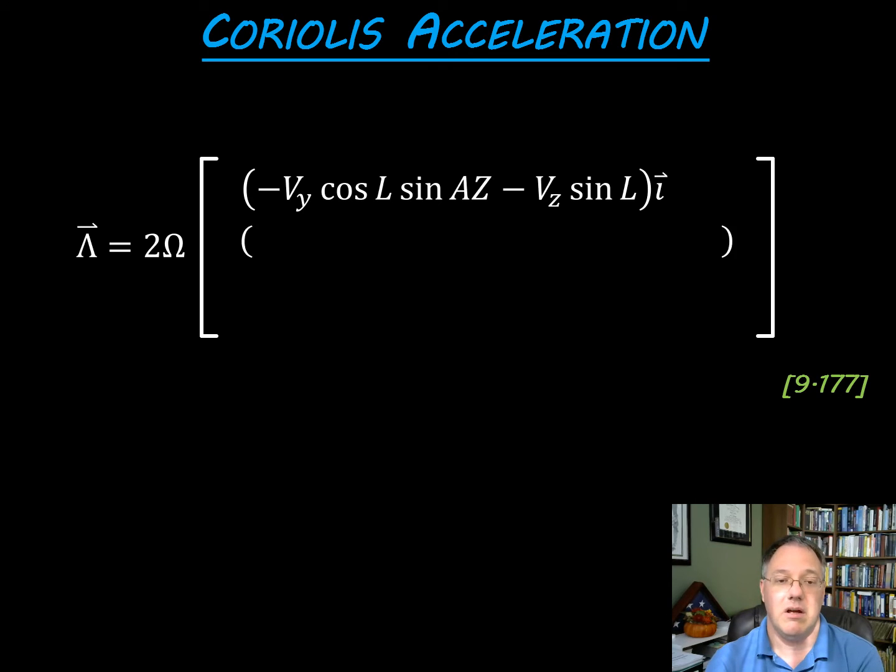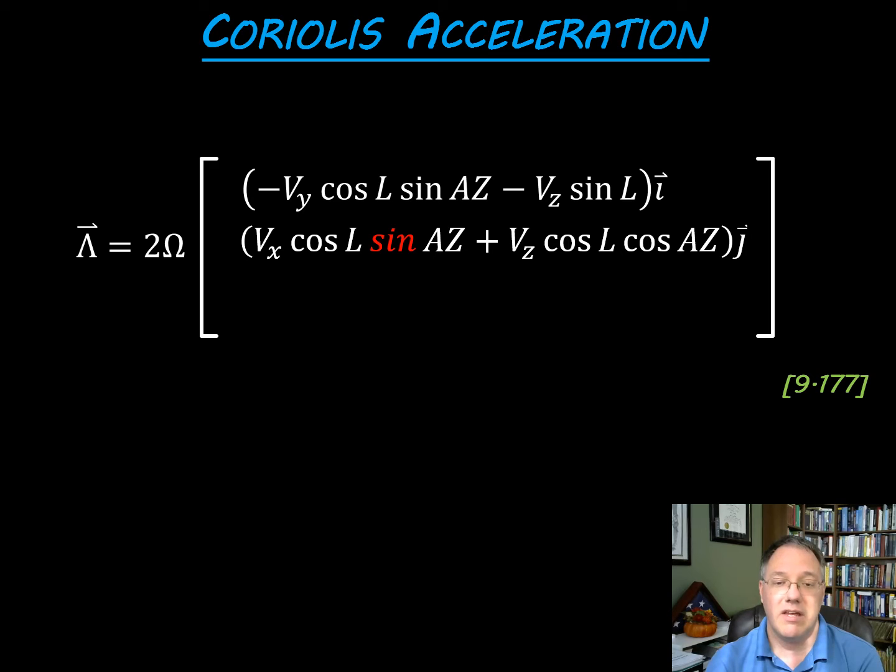In the y direction, the j direction, we've got vx and vz factoring in, accounting for our latitude and azimuth. And in the k direction, the z direction, we've got vx and vy factoring in. Equation 9.177 is how we can calculate those 3 components of our vector.